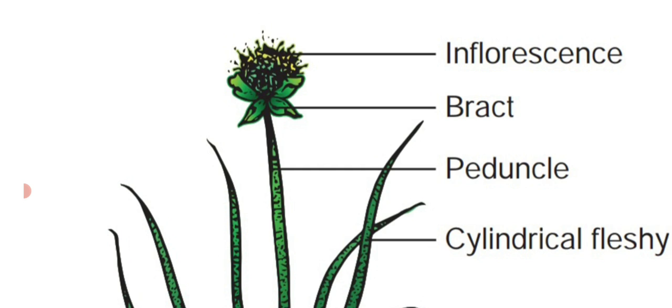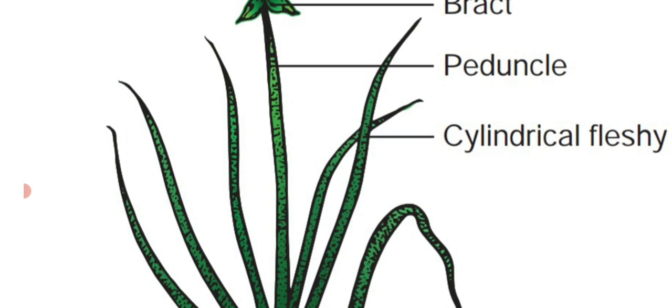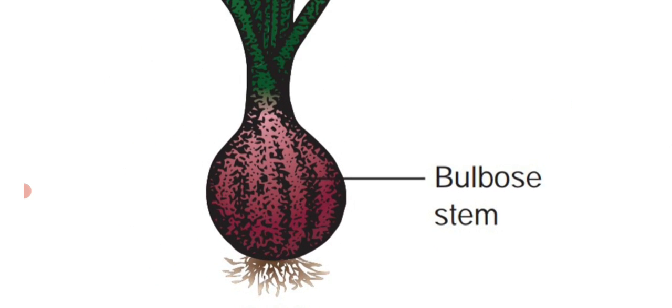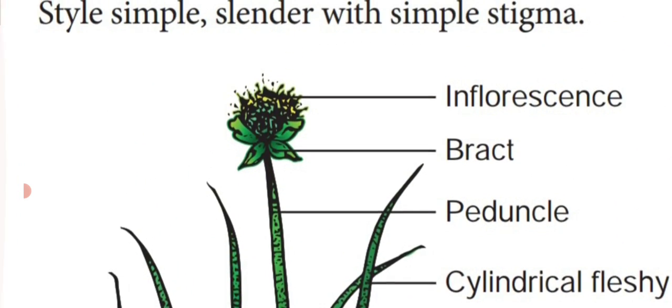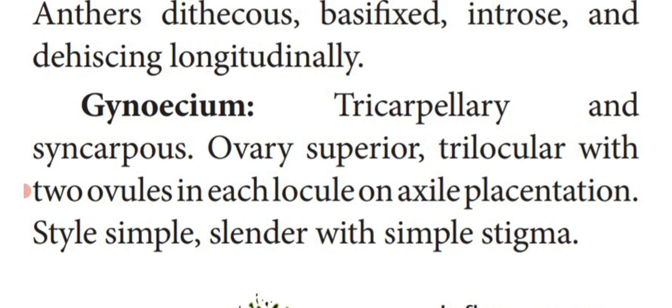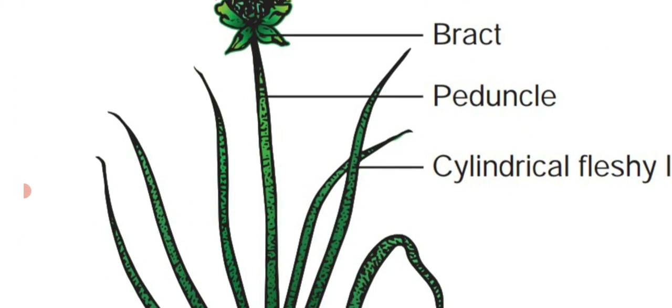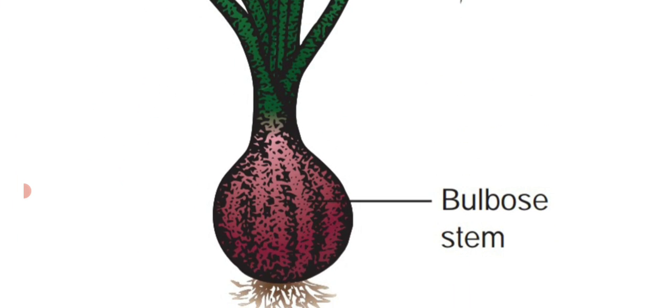The stalk of a flower is known as pedicel. Then they have the bract, so bracteate flower. The inflorescence axis is known as peduncle, which is cylindrical in shape and also fleshy. So this is the botanical description of Allium cepa.